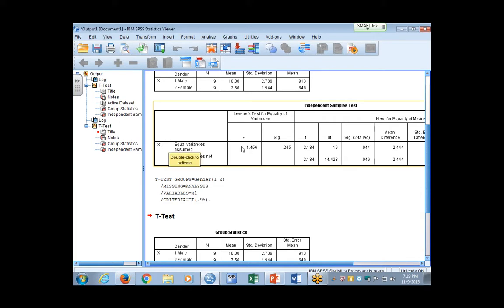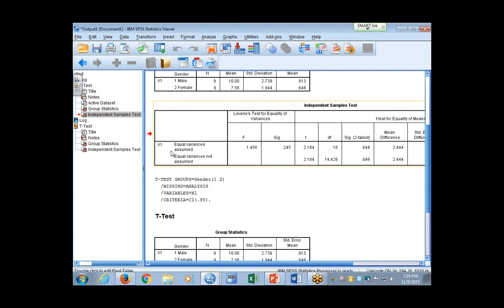That's our null hypothesis. We're only going to reject our null hypothesis if our probability of being wrong, our p-value, is less than, what do you think we should have here? 0.05. Is our p-value less than 0.05? No, it's bigger than 0.05. So we don't reject the null hypothesis.